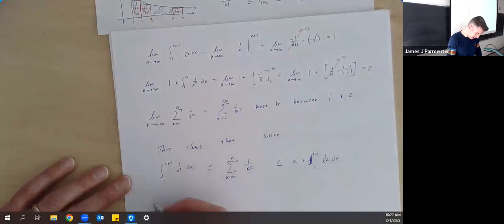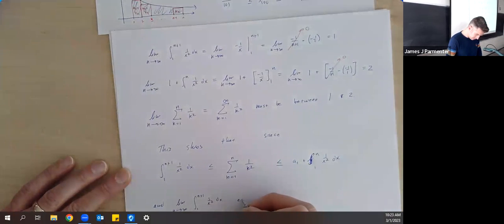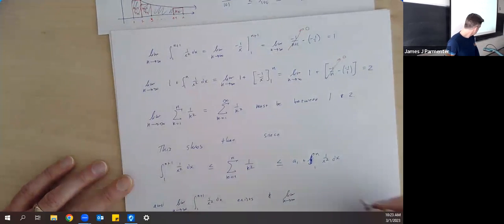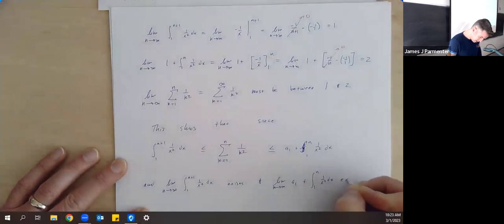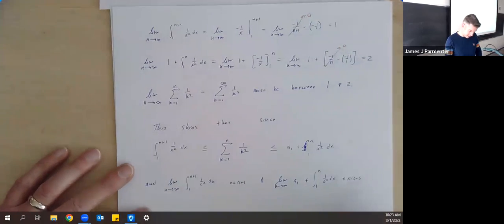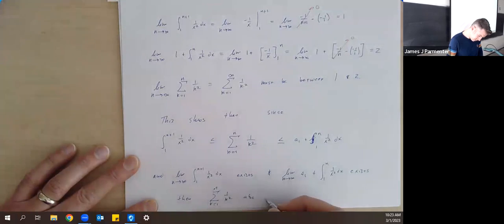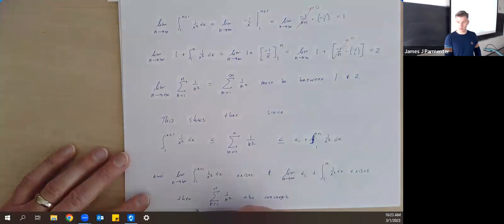Since this inequality is true and the limit as n goes to infinity of both of these exist, then the middle thing has to exist. Converges. So since these two limits converge, this series also converges because it's between two.